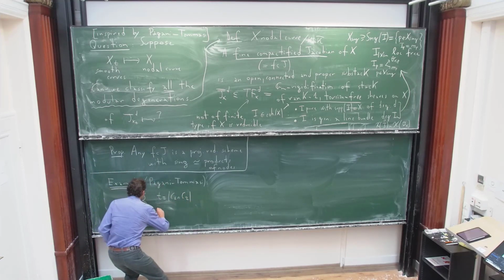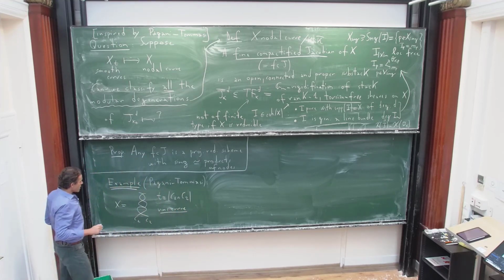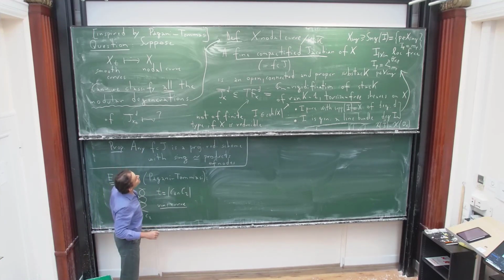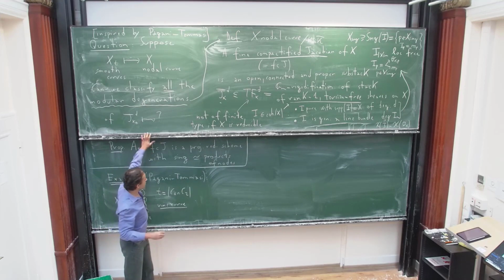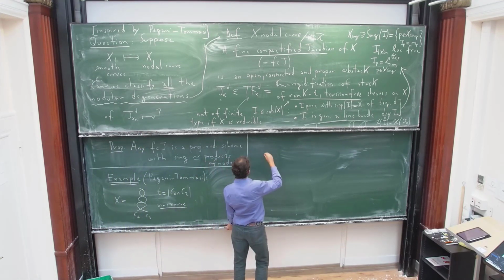So a curve like this is called the vine curve. Okay, and then in this case, there is a complete classification of these fine compactified Jacobians. And so the classification is like this.